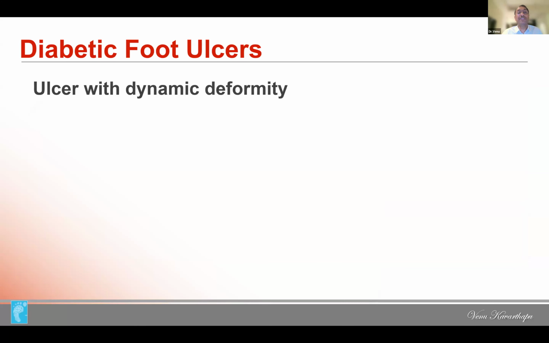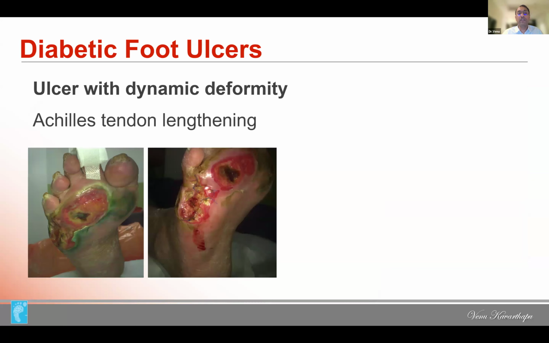So how about those ulcers with a dynamic deformity? There are many forms, but the commonest one is a very tight Achilles tendon or gastrocnemius. If those are managed with gastrocnemius recession or Achilles tendon release, depending on where the tightness is, these non-healing plantar forefoot ulcers respond very quickly.